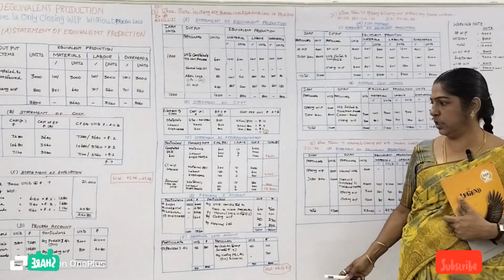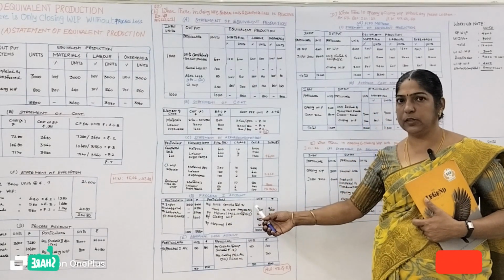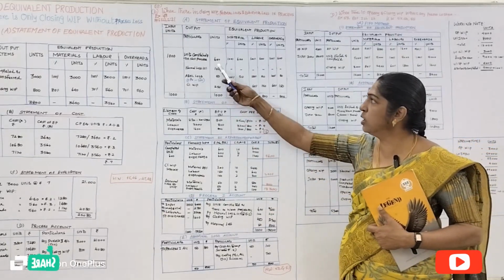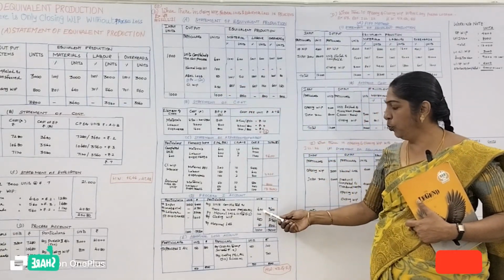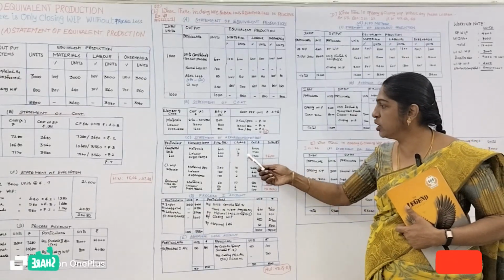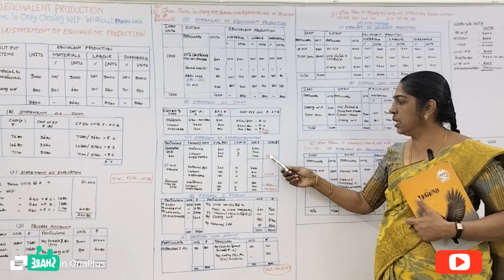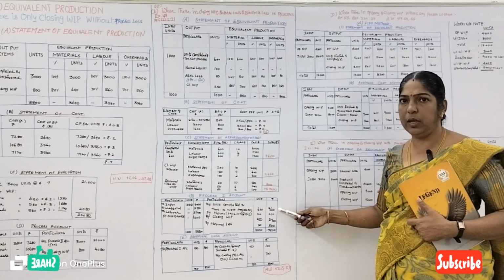Then come to the creditor side. What is the output completed and transferred to the next process? How much output? 600 units output. Okay, how much value? What is the value for that 600 units we found in step C? That is 9,600, we entered into the rupees column.